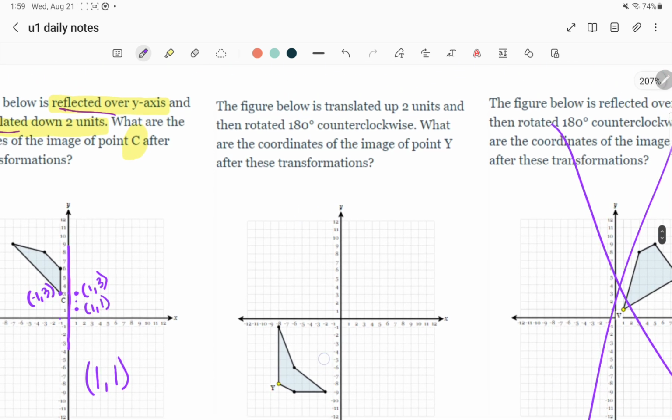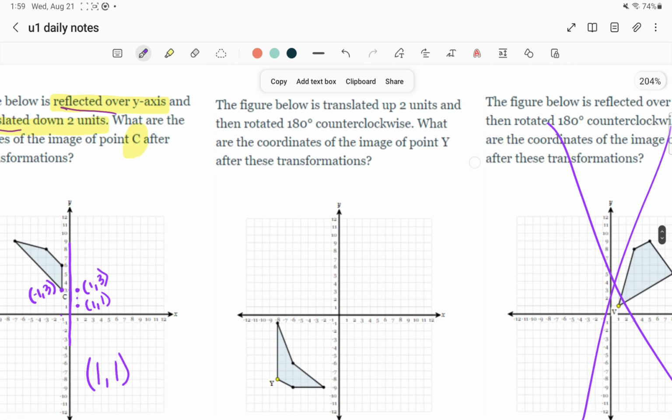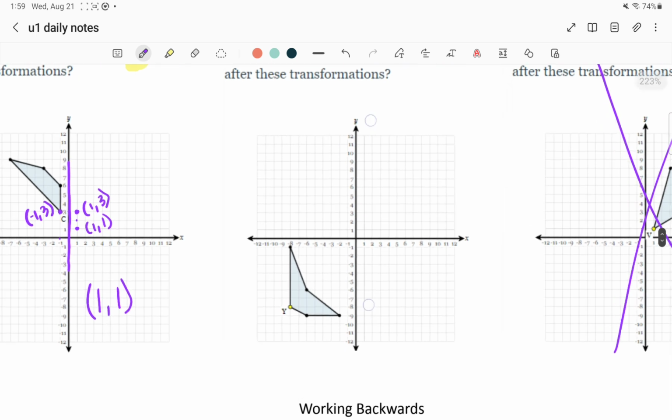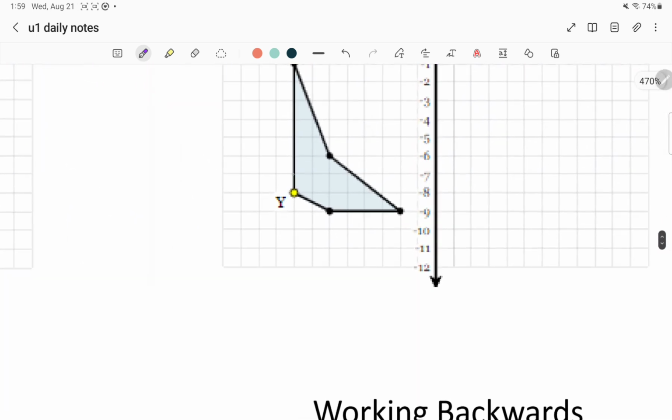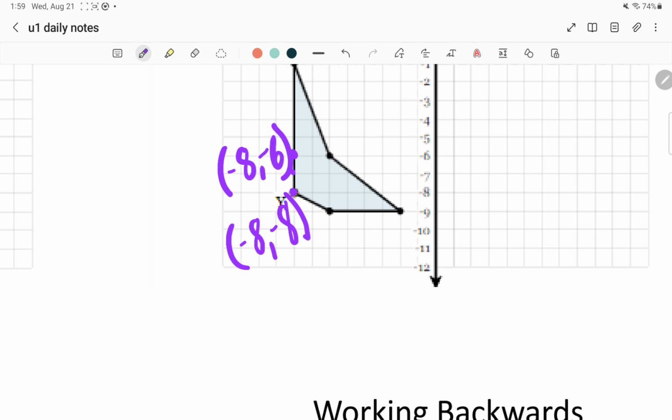Okay. Figure below is translated up 2 units and then rotated 180 degrees. So I care about y. I'm going to translate up 2 units. So y is originally at -8, -8. Up 2 is going to bring me to -8, -6.